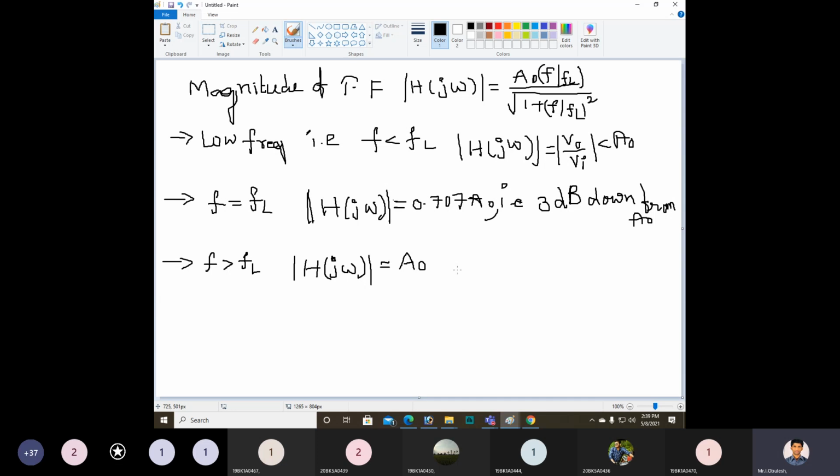For frequencies f less than fL, the gain increases till f is equal to fL at a rate of plus 20 decibels per decade.